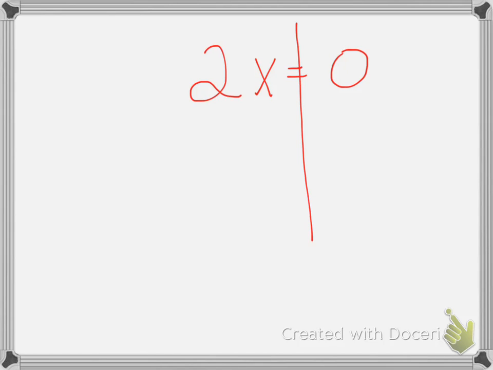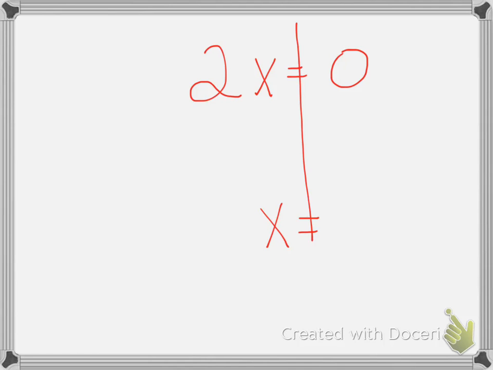I'm just curious. If I wrote it in an equation form, would you be okay? 2 times x equals 0? Back in the day when we had to actually solve an equation and we didn't use intuition, what would you do to both sides to get x by itself? That's what I mean.